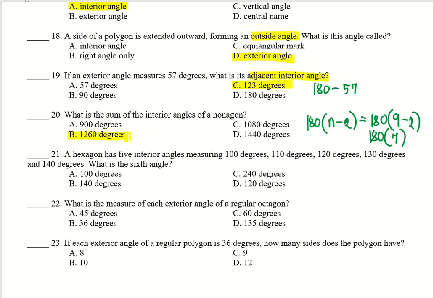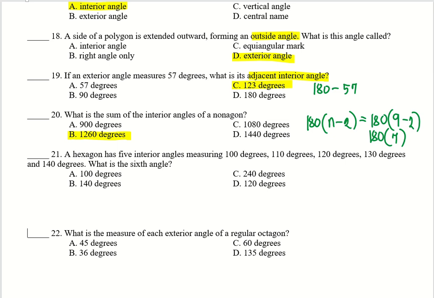Okay, 21. A hexagon has 5 interior angles measuring 100 degrees, 110, 120, 130, and 140 degrees. What is the sixth angle? Okay, so for this one, you have to first solve for the sum of the interior angles of a hexagon.